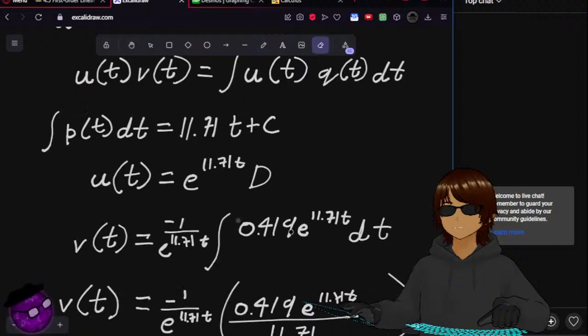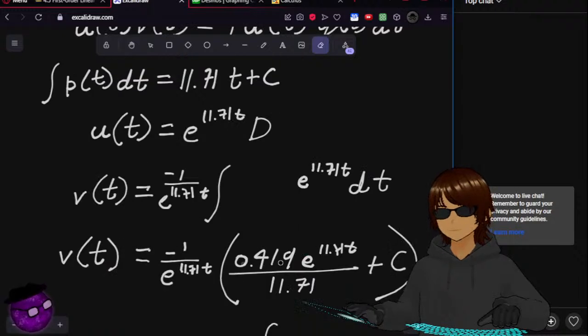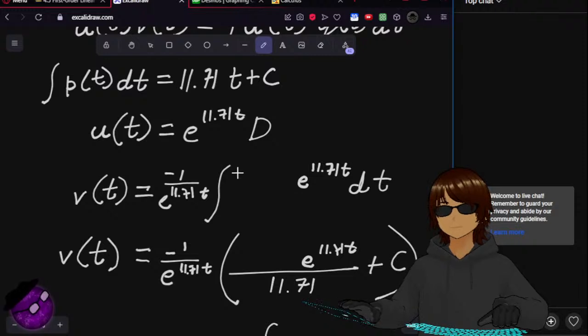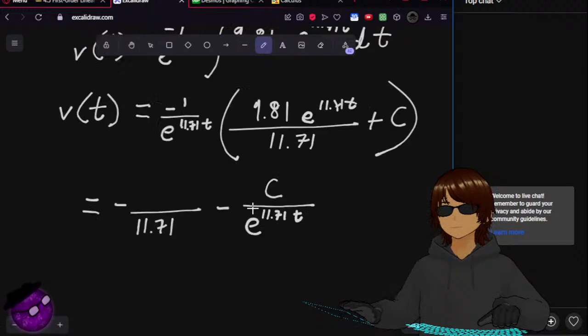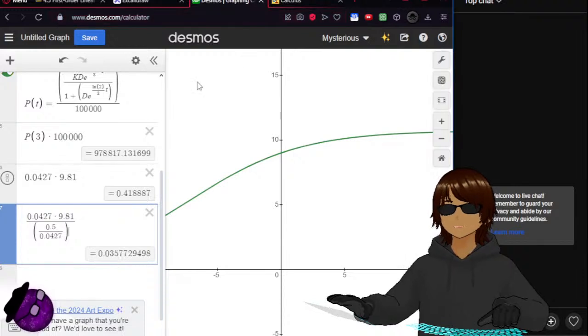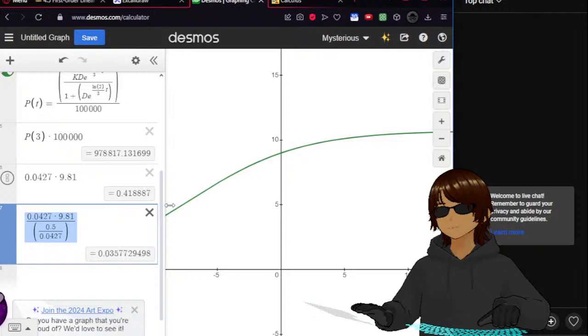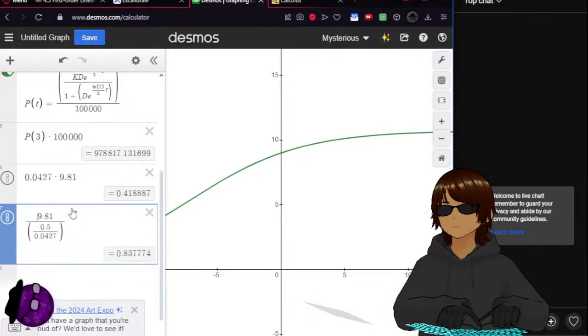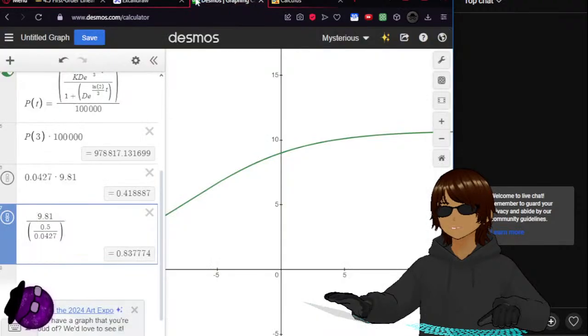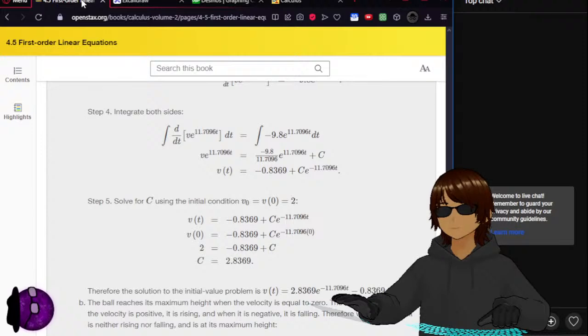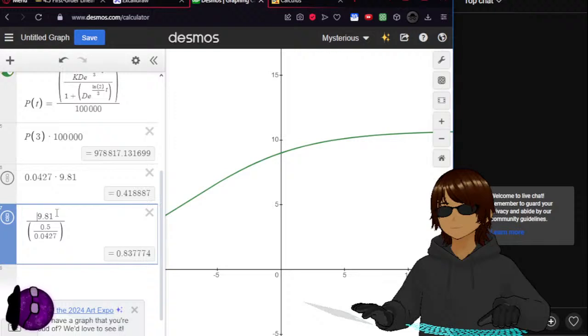Q(t) is 9.81 here as well. The negative is here. 9.81 divided by 11.71 is 0.8377. Let's just do 0.84.